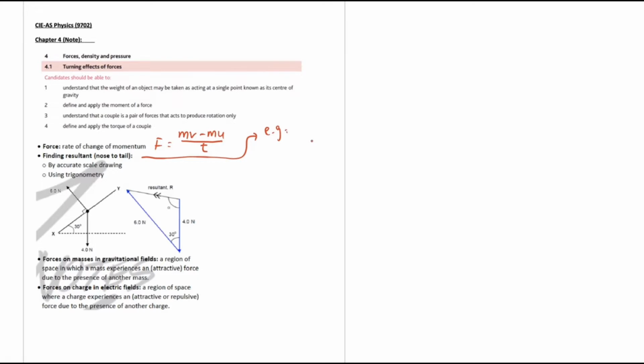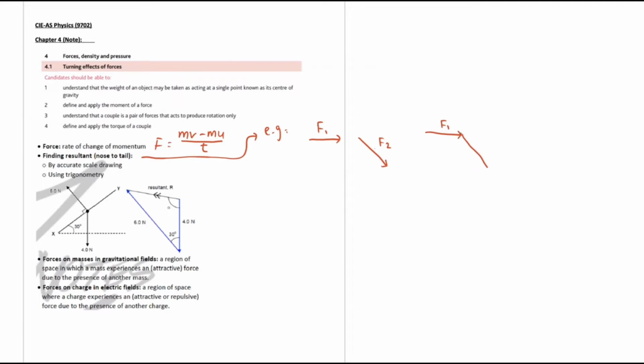Let's say you have a force acting in this direction, F1. Then you have another force acting in this direction, F2. To find the resultant force, we just draw F1. Then this is the head, the nose of the first force.